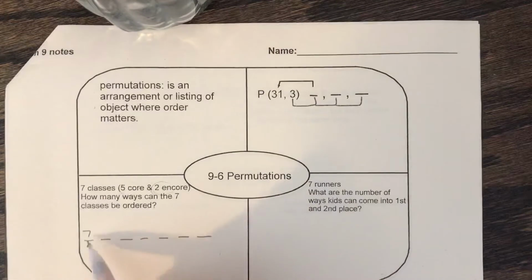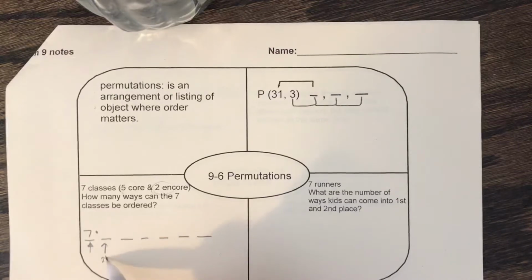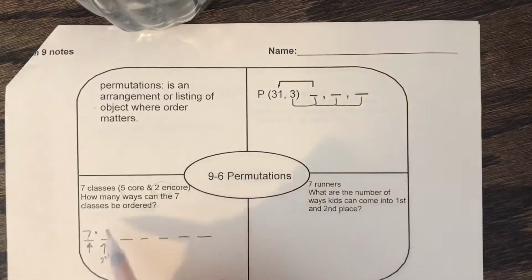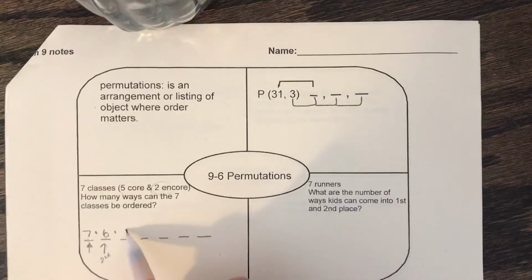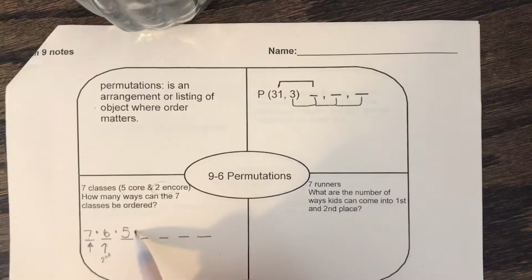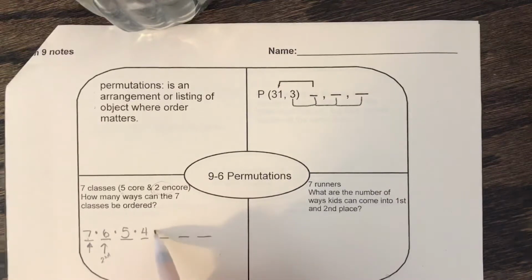Once we choose one, how many classes do you have left for your second hour? If you already have one here, you've taken 1 class, now you only have 6 classes to choose from. Your third hour, you've already used up 2, so now you're left with only 5 to choose from. And hopefully you can see this, times 4, times 3, times 2, and times 1.